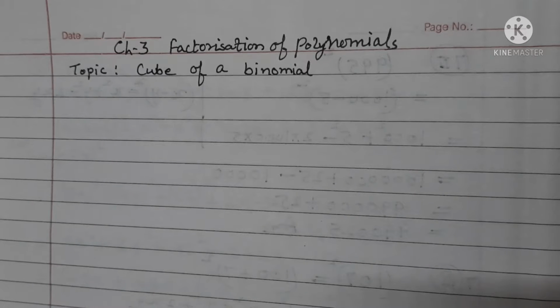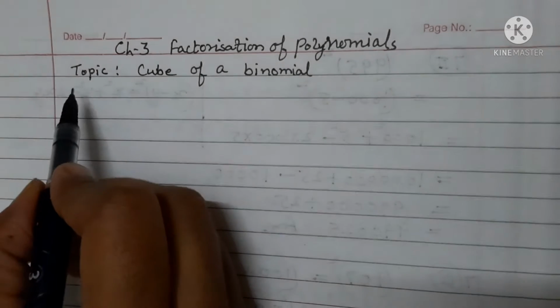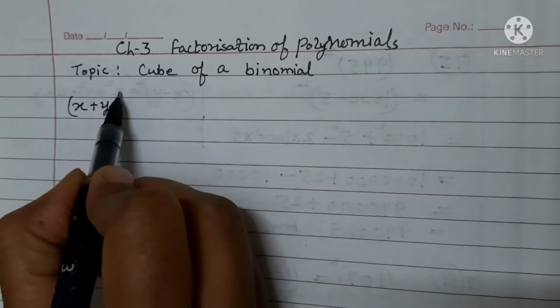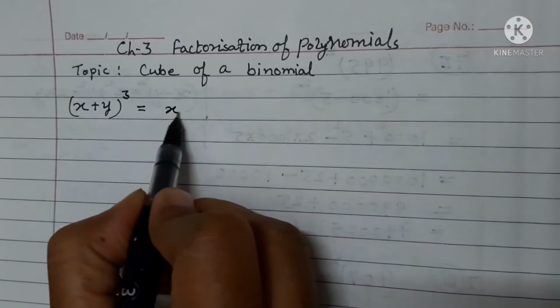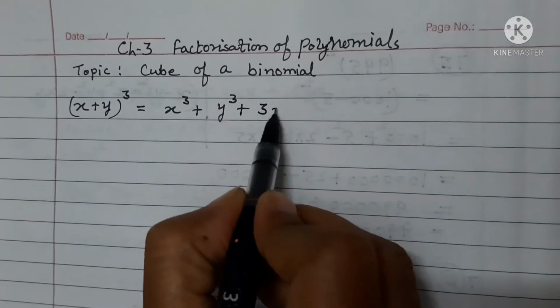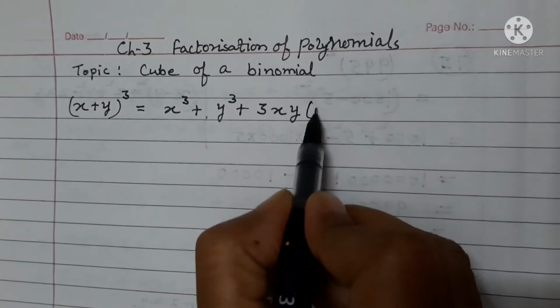Students, this is chapter 3, factorization of polynomials, and we will start the new topic, cube of a binomial. So here (x + y)³ = x³ + y³ + 3xy(x + y).